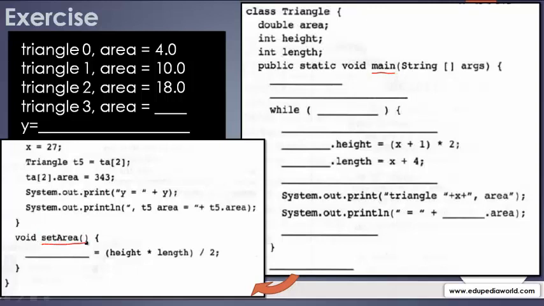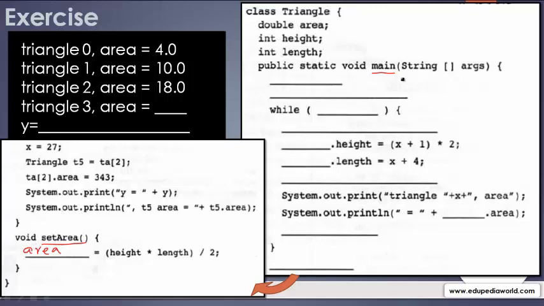Surely this method would set the value for the instance variable area, because here you can see it assigns the expression height multiplied by length divided by 2. That is how we calculate the area of a triangle. So this blank should be the instance variable area.